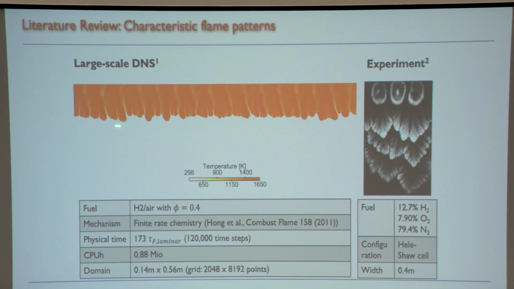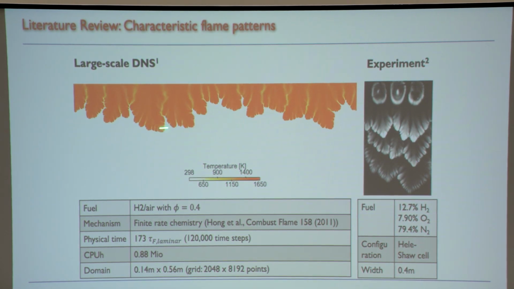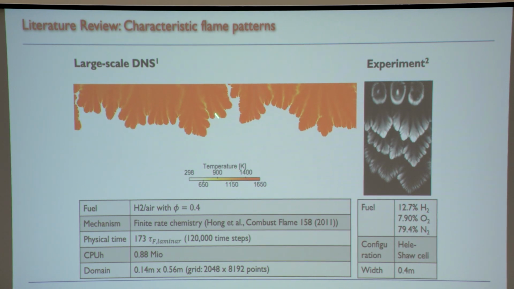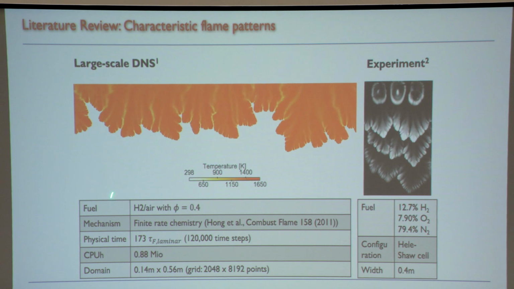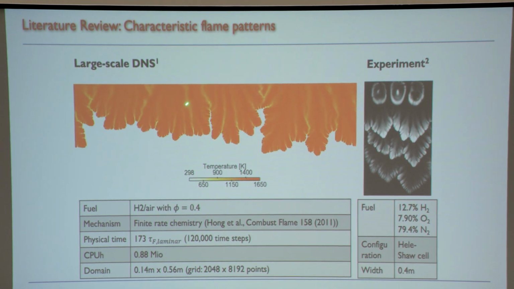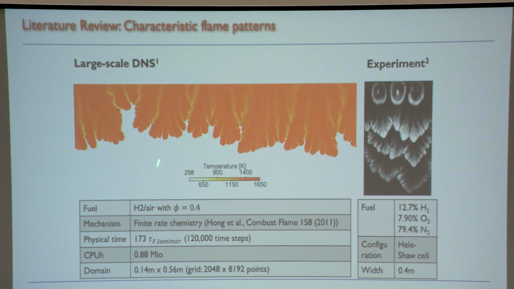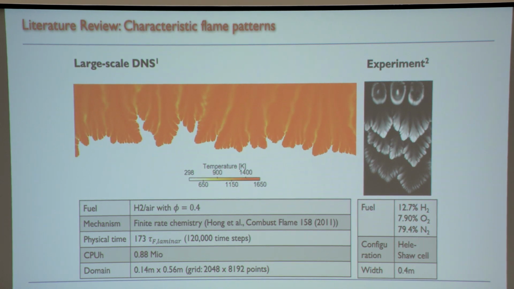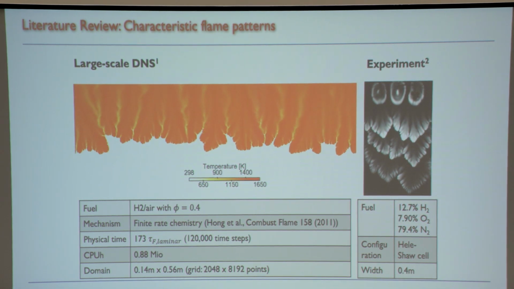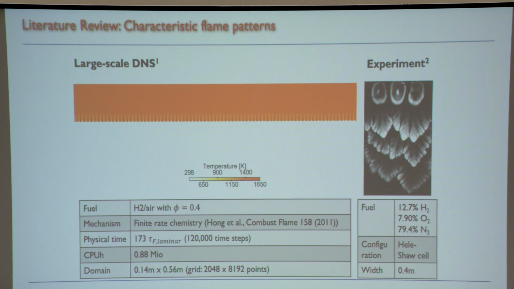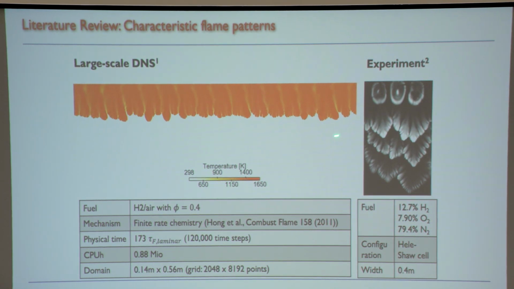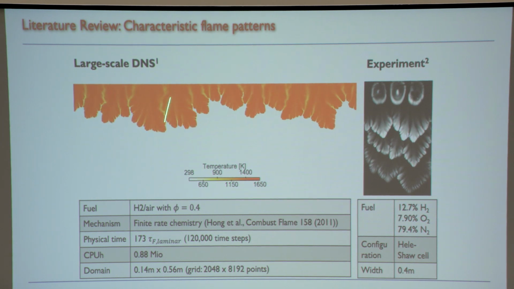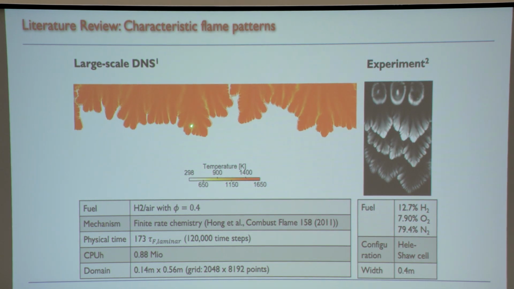And this here is another simulation, where we start out, again, on top is burnt, on the bottom is unburnt. It's a lean hydrogen air mixture. We have a flow that comes from the bottom, and the flow is just fast enough to keep that flame in the domain. And then you see in the beginning, we have just very small perturbations, but these perturbations grow very quickly, and they form these weird structures here.